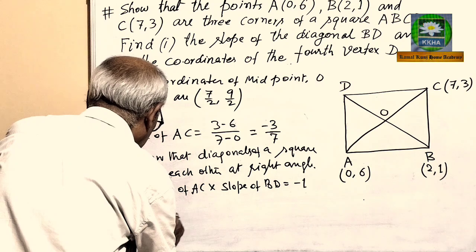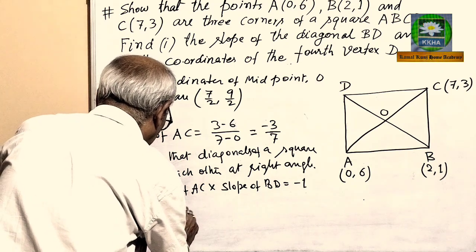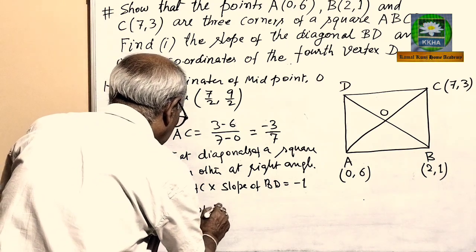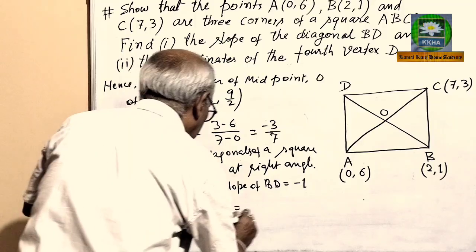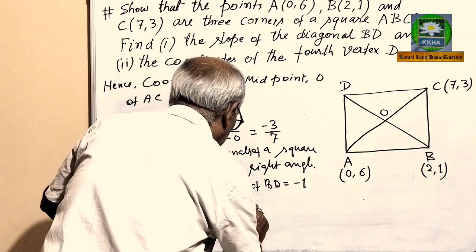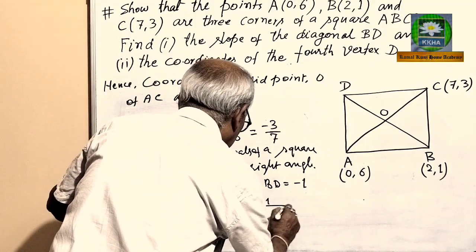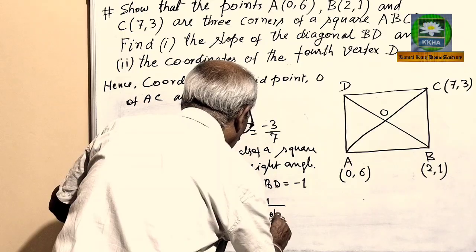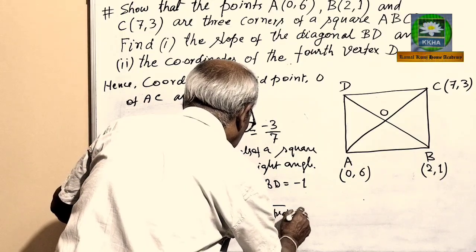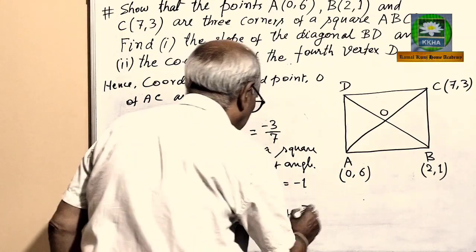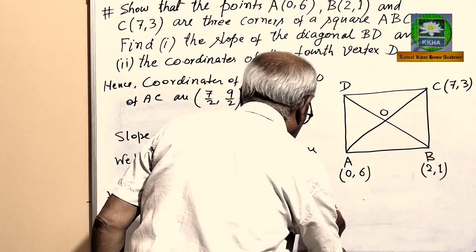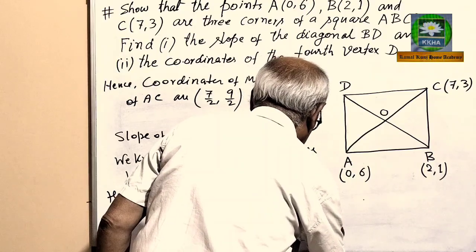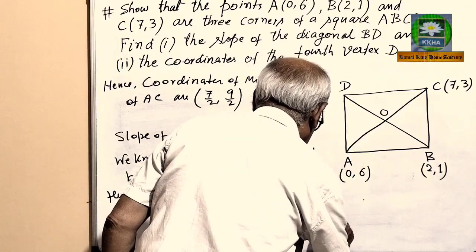This implies that slope of BD equals -1 over slope of AC, equal to -1 over -3/7.